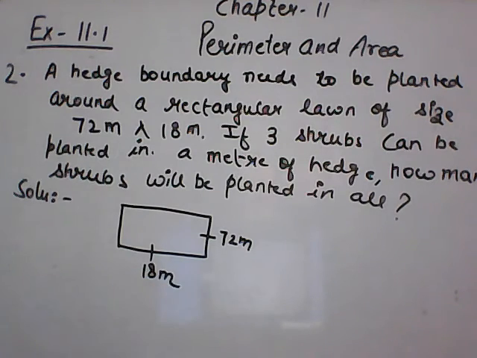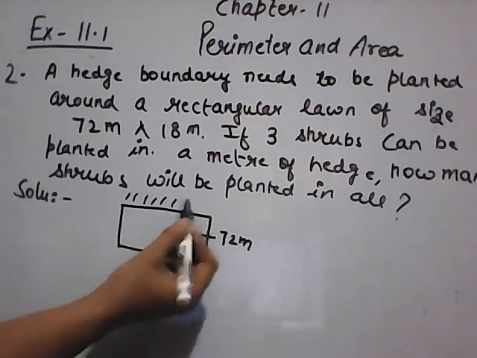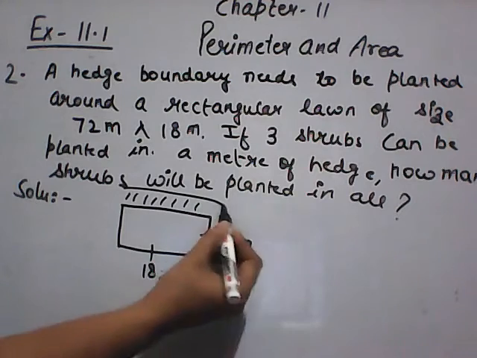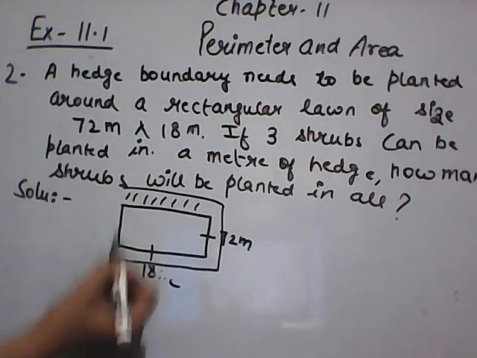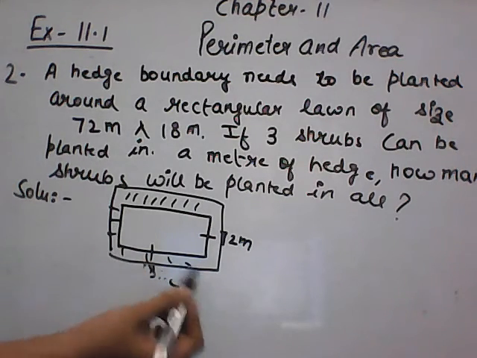Now you have to plant around the rectangular lawn. That means you need to find out the perimeter of the rectangle.